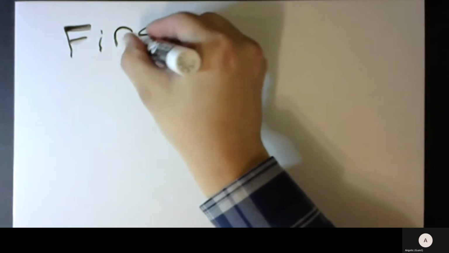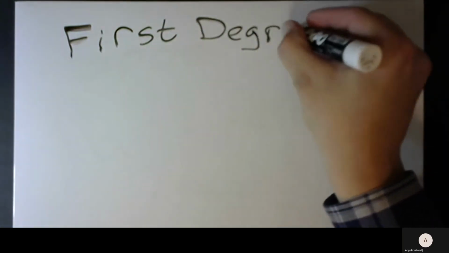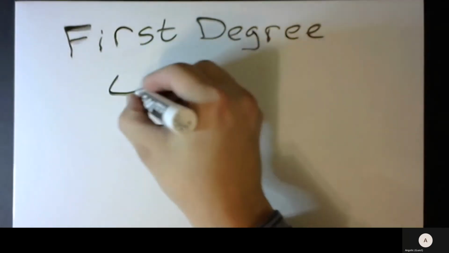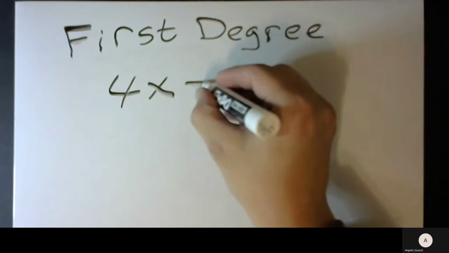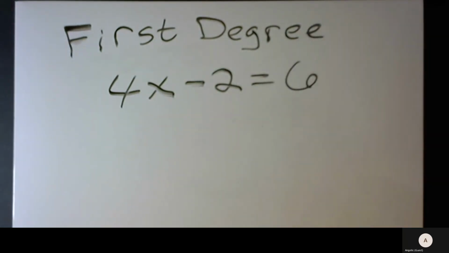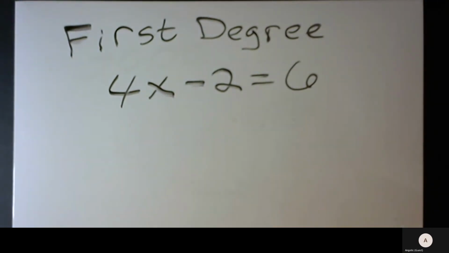And first degree, well, this is something like this. That would be a first degree equation. When we're talking about degree, we're talking about the variable.